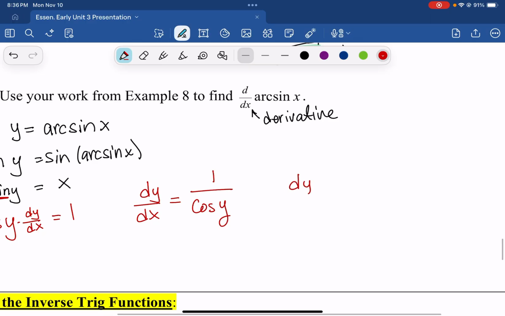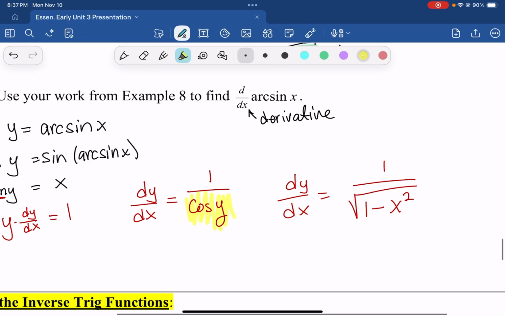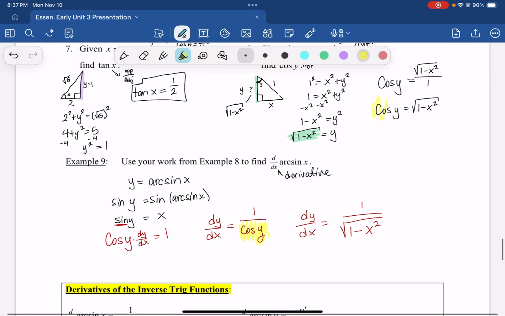So dy/dx is equal to 1 over the square root of 1 minus x squared. Okay, I'm just going to color that cosine of y, and color up there, so we can see how those are connected. So the derivative of arcsine of x is equal to 1 over the square root of 1 minus x squared.